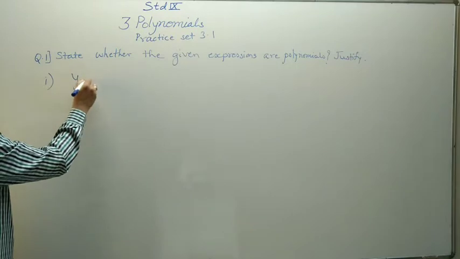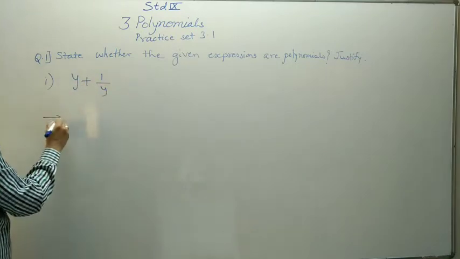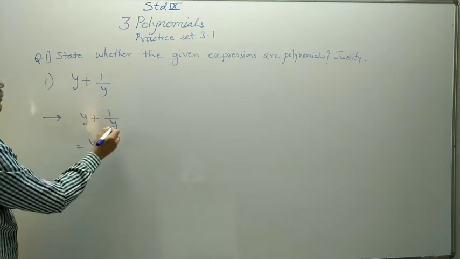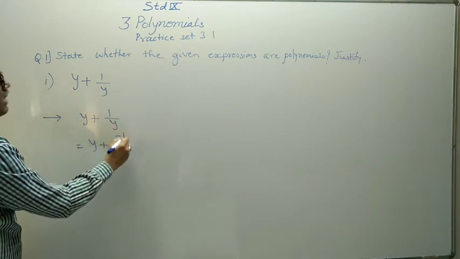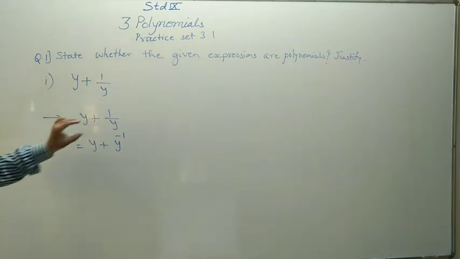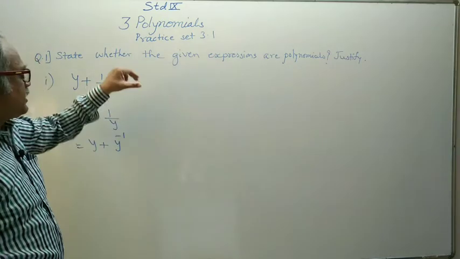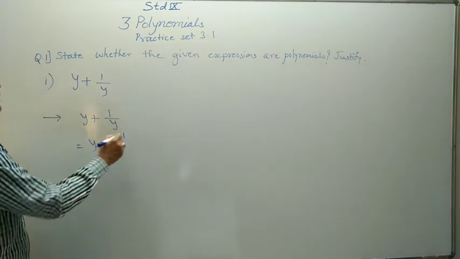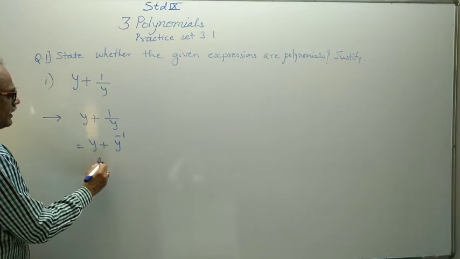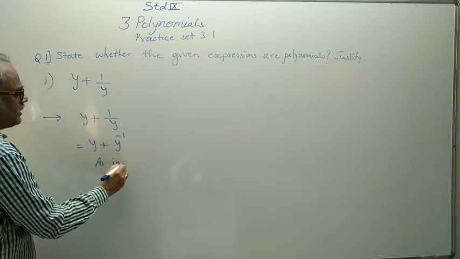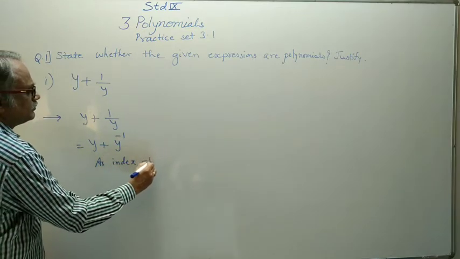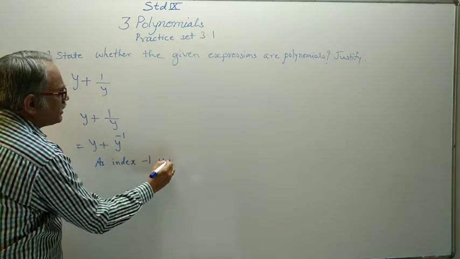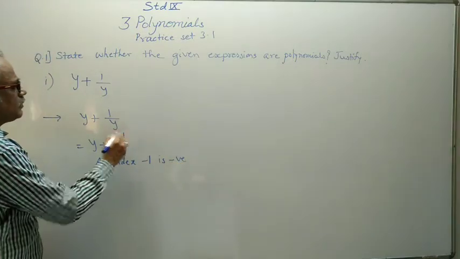First is given y plus 1 by y. Y plus 1 by y can be written as y plus y raised to minus 1. All of us know 1 upon a raised to m is a raised to minus m. 1 upon y raised to 1 is y raised to minus 1. The index of the variable is negative.